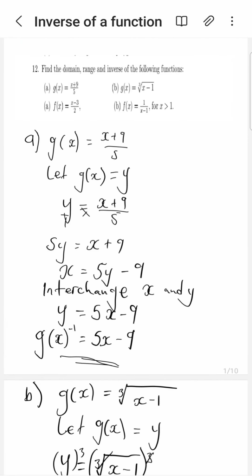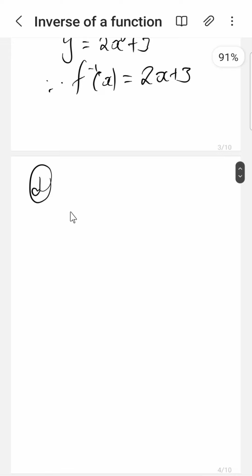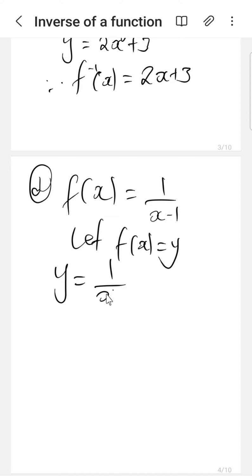f of x equals 1 over (x minus 1). Let f of x equal y. Okay, y equals 1 over (x minus 1). So we have xy minus y equals 1.